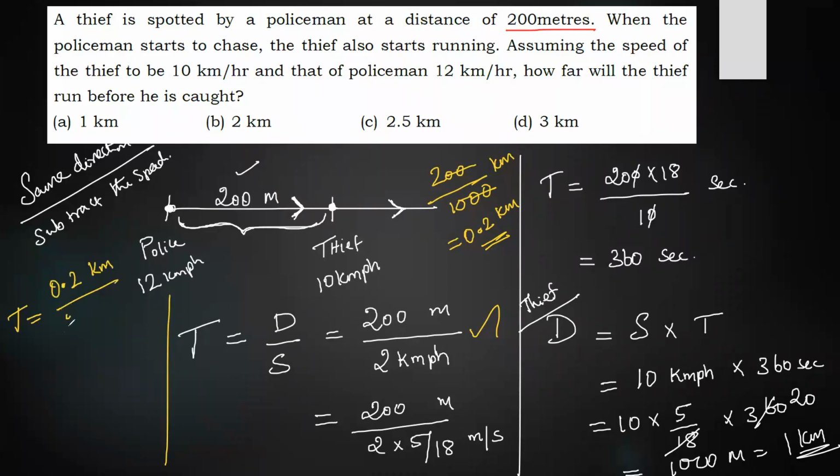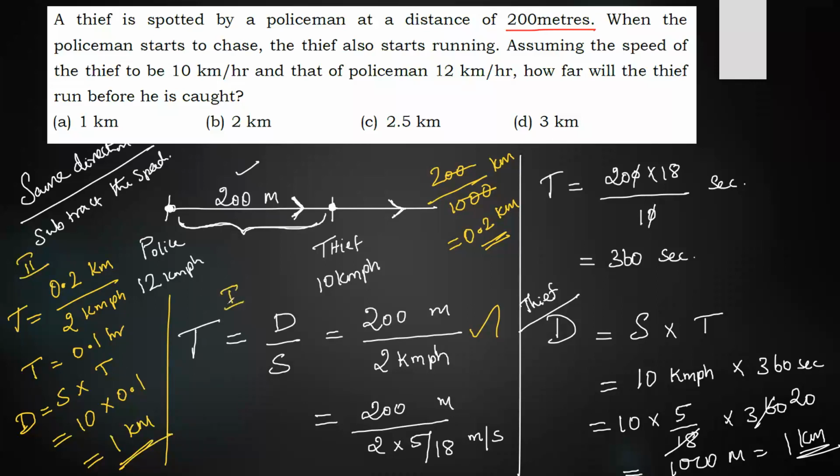You get 0.1 hour. Then multiply with 10. It will be very easy, right? So another method, if you go for time in decimal in terms of kilometer: 200 meters is equivalent to 0.2 kilometer by 2 kilometer per hour. If we divide it, you will get 0.1 hour.